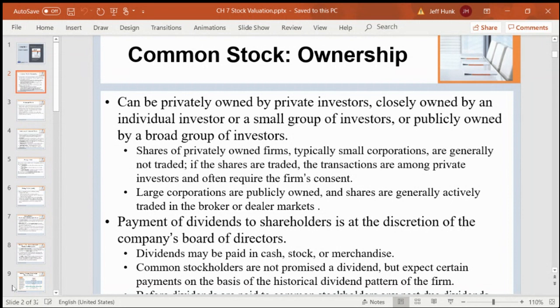But they can be traded within a closed circle. I can buy stock of privately held companies, but it's not a market. It's not done in the stock exchange.